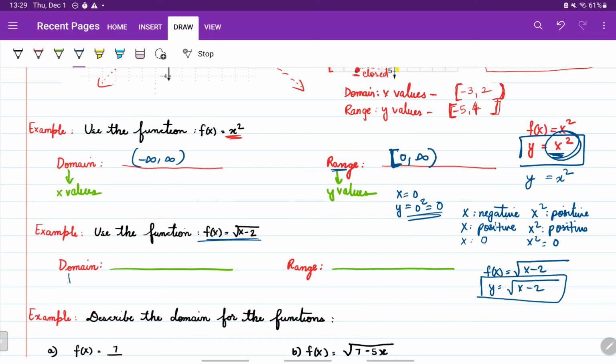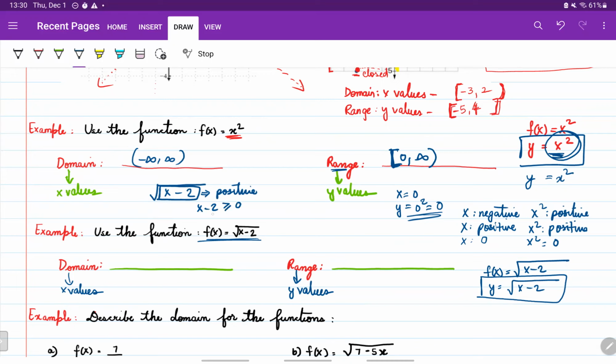Again, domain is the x values, and range is all the y values. So under a square root, for y to be real, any number that's inside the square root should always be non-negative. That means x minus 2 should be greater than or equal to 0.